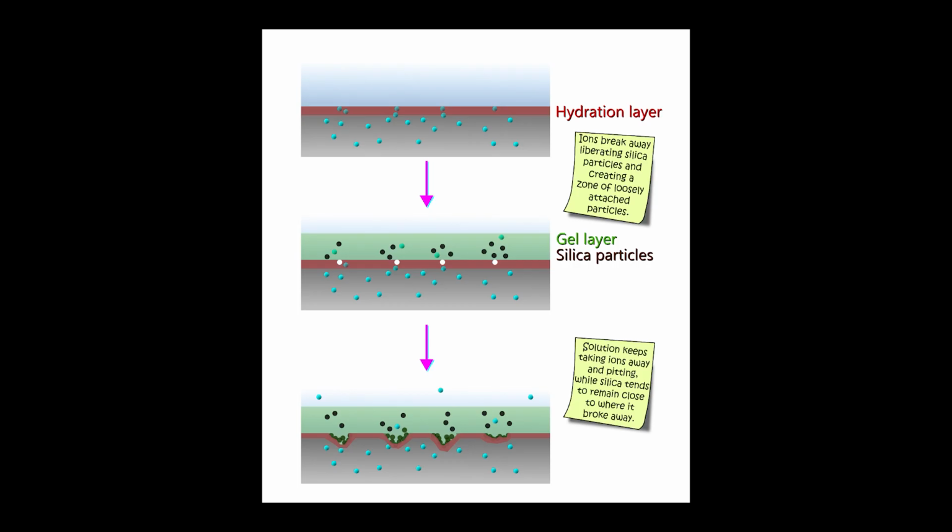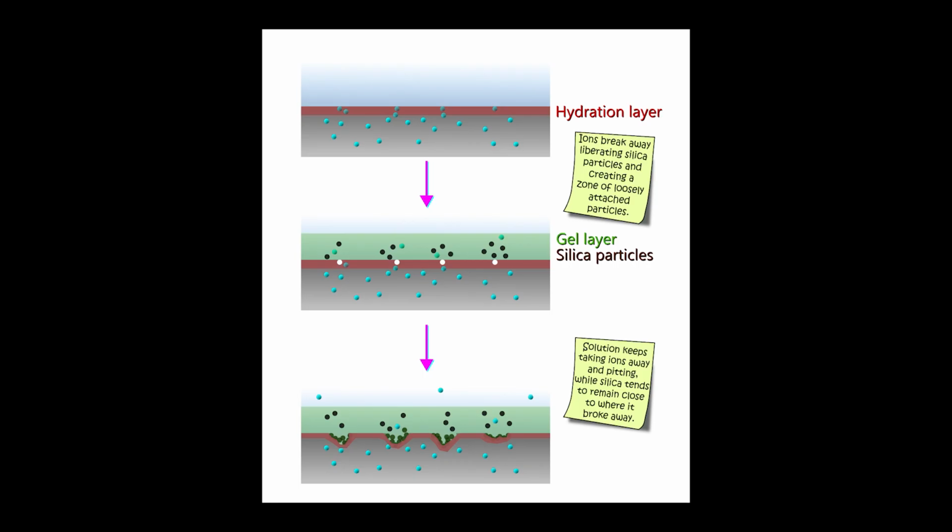And the ions now are free from the glass. And when the ions become free from the glass, particles of silica also break from the glass. This combination of ions and silica particles forms a layer on top of the hydration layer called the gel layer, which is very loosely attached particles.